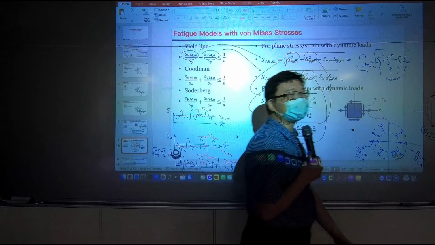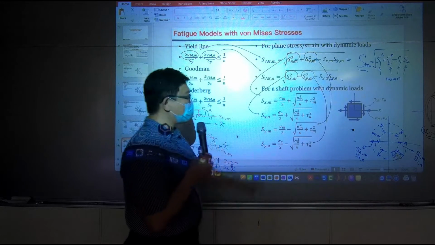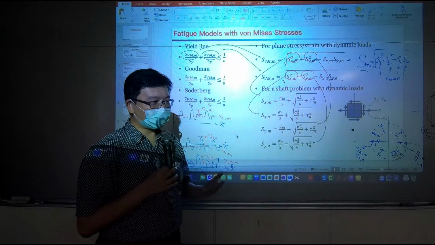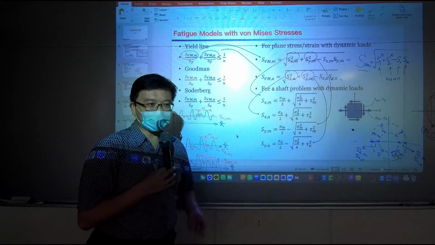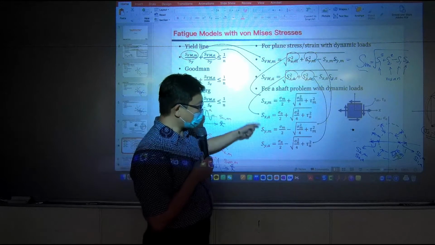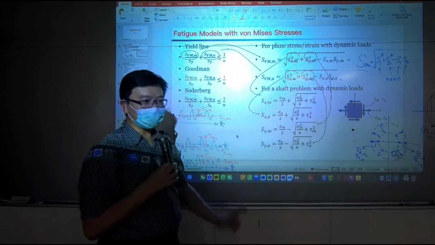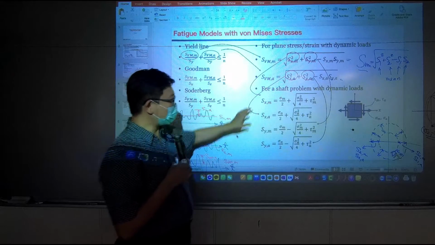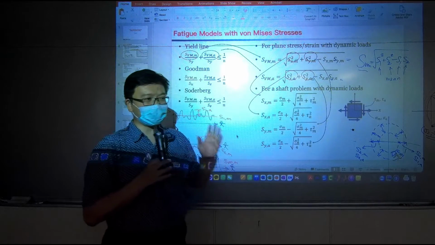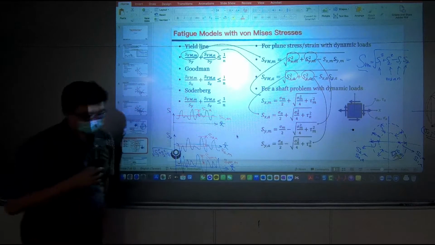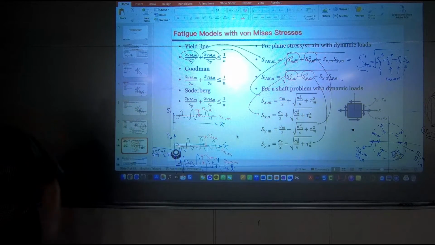Those equations are good ways to estimate the mean values. It may not be very accurate, I believe, but it should be reasonably acceptable. So just use it. Any questions?